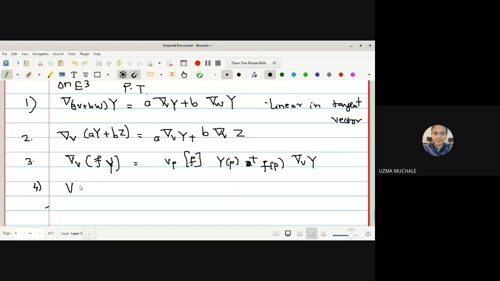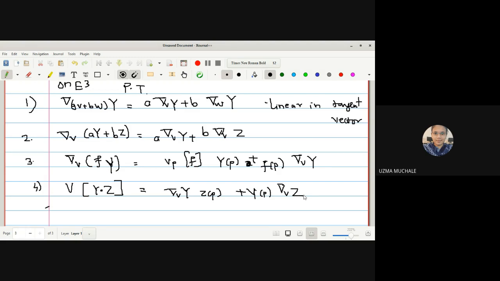And the fourth one, instead of evaluating the whole vector field, here we have to evaluate the product of these two. Y and Z are vector fields, V is a tangent vector, and del V of Y dot Z is equal to del V Y dot Z evaluated at the point P plus Y evaluated at the point P dot del V Z. Okay.